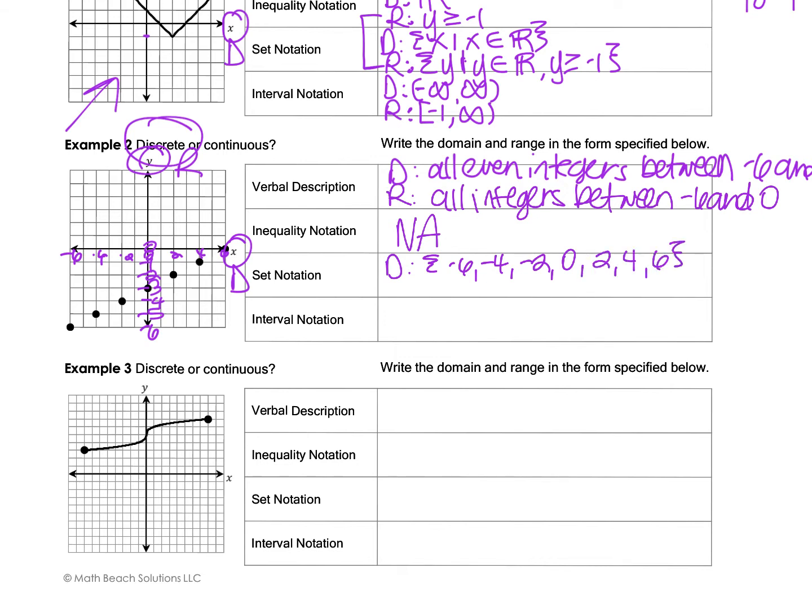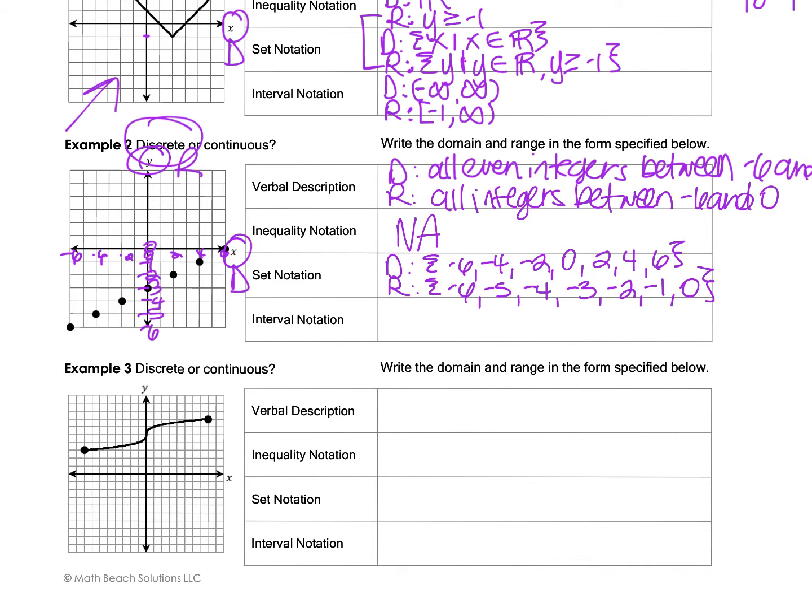Remember, we do least to greatest on listing out our domain and range. Our range values are between -6 and 0, so all integers. So -6, -5, -4, -3, -2, -1, and 0. Close your bracket.